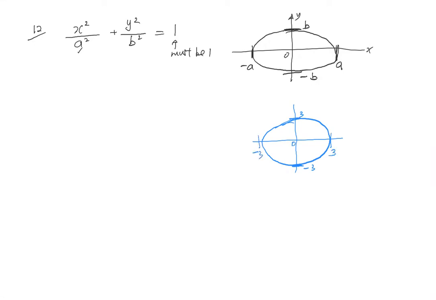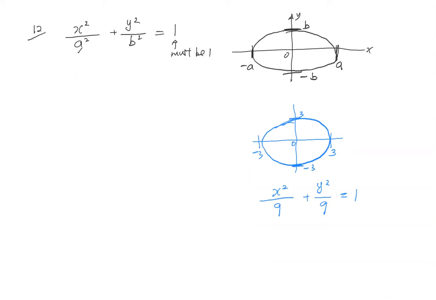So the equation of a circle will be x squared divided by 9 plus y squared divided by 9 equal to 1, the center is the origin. Okay? So just to let you have this idea, because the next one we will talk about all this later. Okay, never mind. Let's go on.